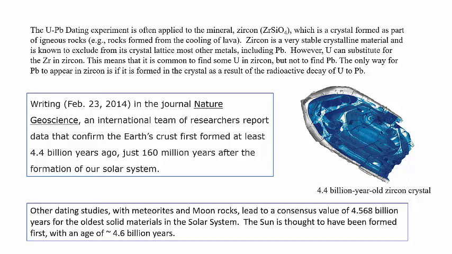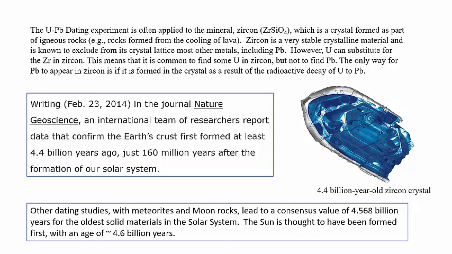They found it in Australia, and they used the uranium to lead dating method to determine its age of 4.4 billion years. Now, other dating studies with meteorites and moon rocks have led to a consensus value of about 4.568 billion years, with that degree of precision, as the oldest solid materials so far discovered in our solar system.